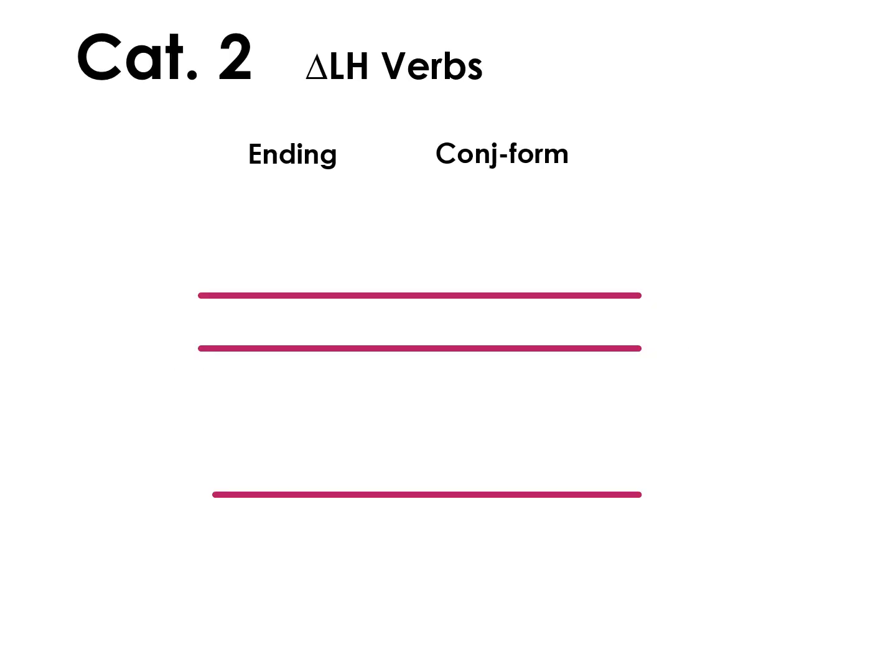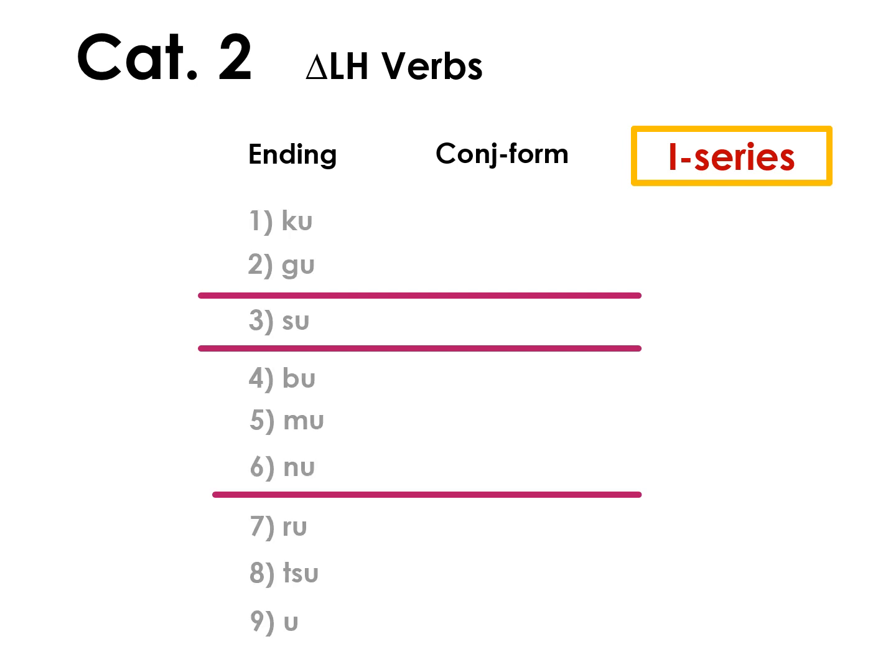For Category 2 verbs, or the last hiragana changing verbs, the last hiragana of the dictionary form is changed to the I series. And these are the 9 kinds of endings: ku, gu, su, bu, mu, nu, ru, tsu, u. To make the conjunctive form, ku becomes ki, gu becomes gi, su becomes shi, bu to bi, mu to mi, nu to ni, ru turns to ri, tsu changes to chi, and u turns to i.